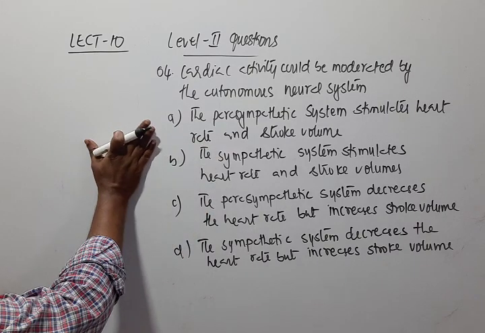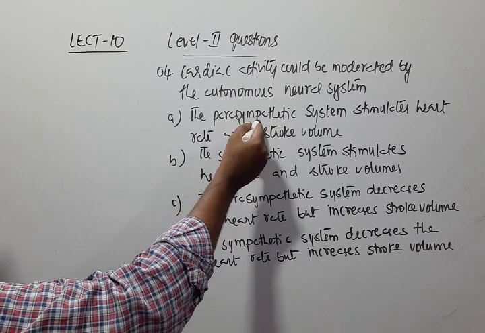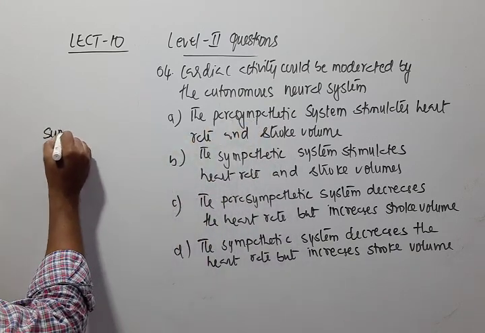Here, the first one, the parasympathetic system stimulates heart rate and stroke volume. No, I told you already.